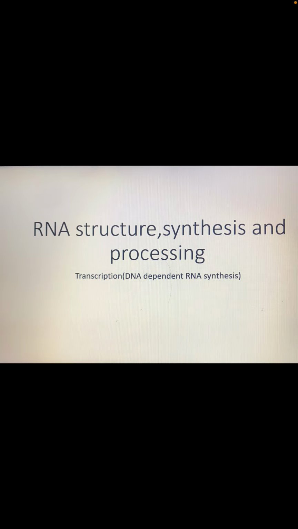And one of the most important differences between DNA and RNA synthesis is that a primer is not involved in the synthesis of RNA. Only a very small portion of the genome is transcribed or copied into RNA, whereas the entire genome must be copied during DNA replication. And last but not least, there is no proofreading function during RNA synthesis.